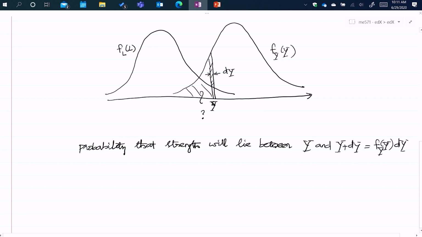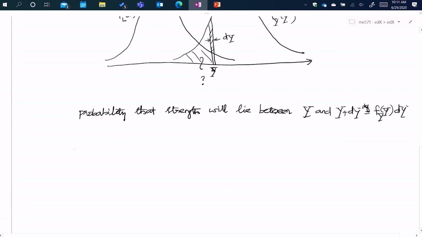By definition, this is what the probability density function represents. Now we can ask the next question: what is the probability that the load will be less than y?